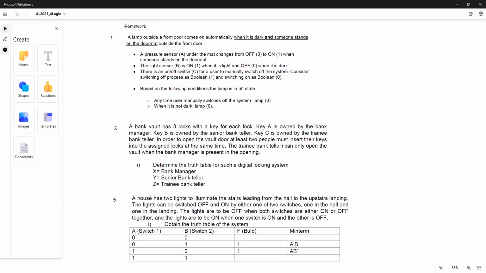So we are going to look at some major building blocks and truth tables for different circuits, and then something called flip-flops, right? So that's what we are going to do.